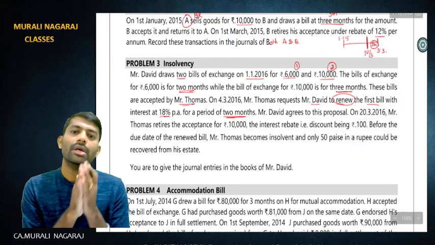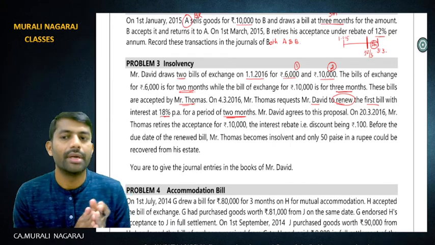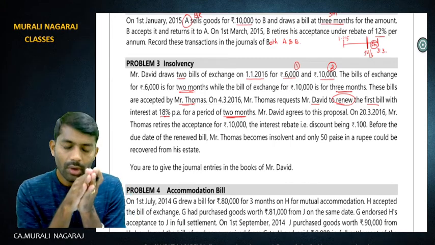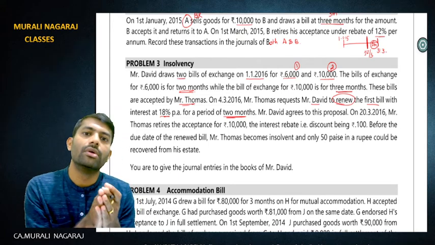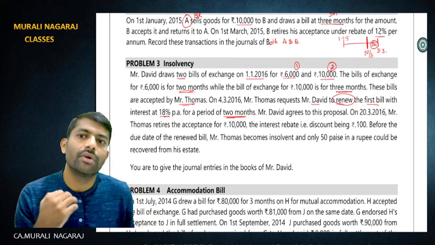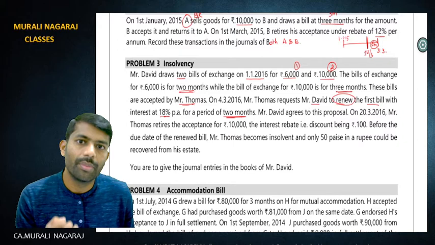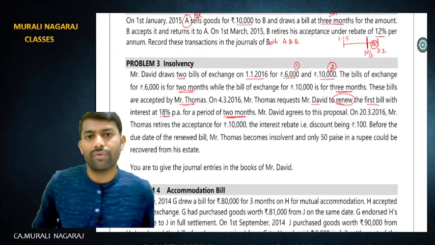Actually for the first bill, grace days are not applicable, but here they have given it, so let it be. So on the 4th, he has requested to renew the bill. Academically it holds good; the grace days concept is only for the purpose of payment. Only for that period will it apply. But anyway, the date has been given, therefore we are using it.